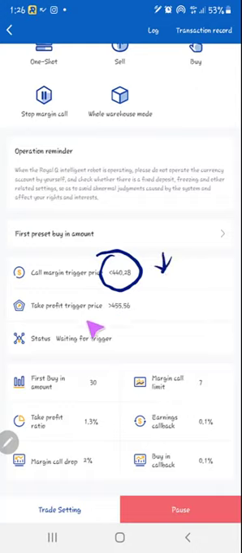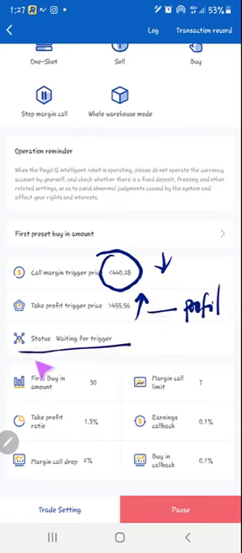But if the value of BCH pumps and touches 455, this is what will make the robot give me my first profits. It will sell at that point. The status is currently waiting to trigger. BCH has not dropped to 440, so it's waiting to trigger.